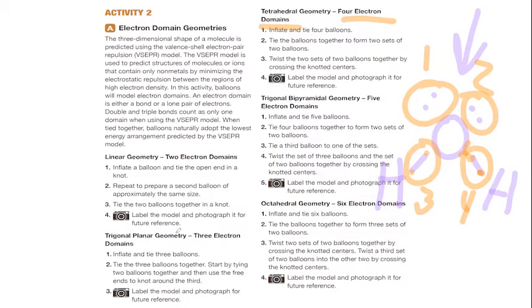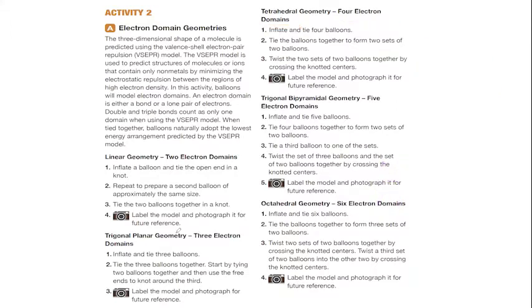So let's do another molecule, and I'll give you an idea of what I'm talking about. So here's another molecule. This is hydrogen cyanide. Ooh, nasty. You don't want to drink this. So here's hydrogen cyanide. How many electron domains are around the central carbon? 4.